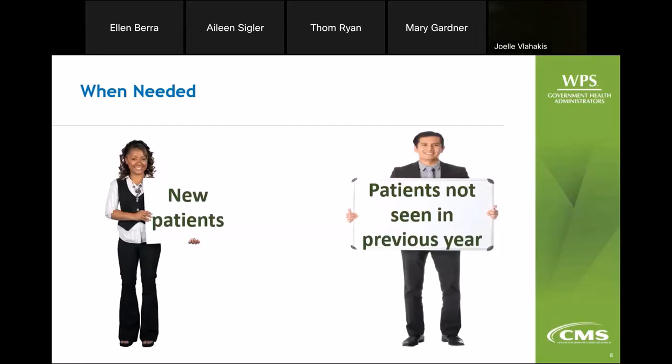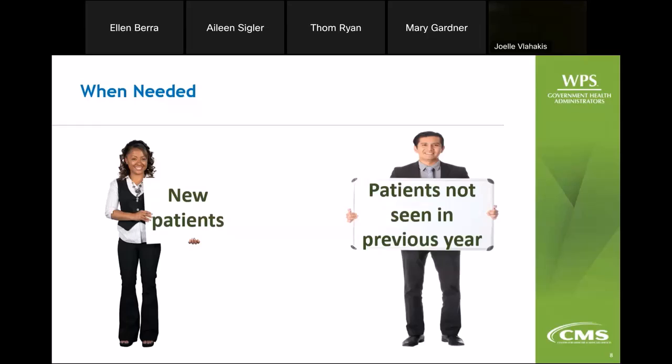This makes sense, because if it's a brand new patient to us, you don't have all the information that you would need in order to develop a care plan for that particular patient. The same thing holds true if you have patients not seen within the previous year. You need to be developing with them what are all of their current conditions, what types of medications are they using, all of those things that go along with the chronic care management service.